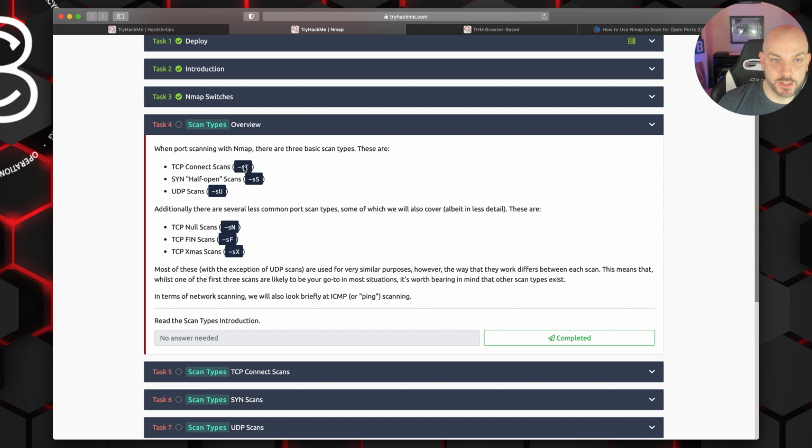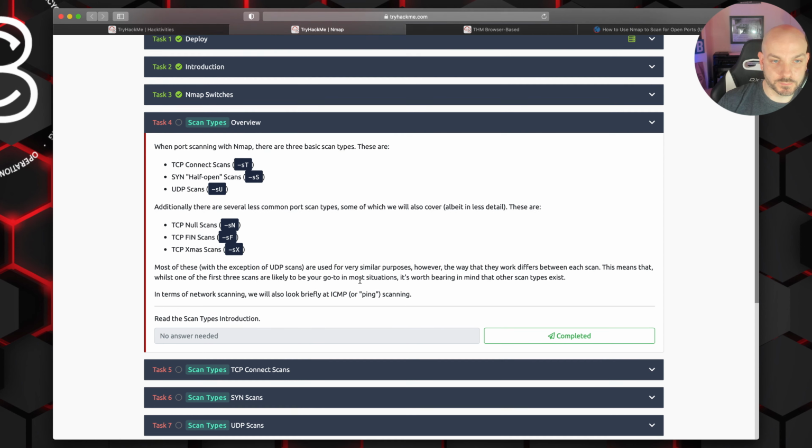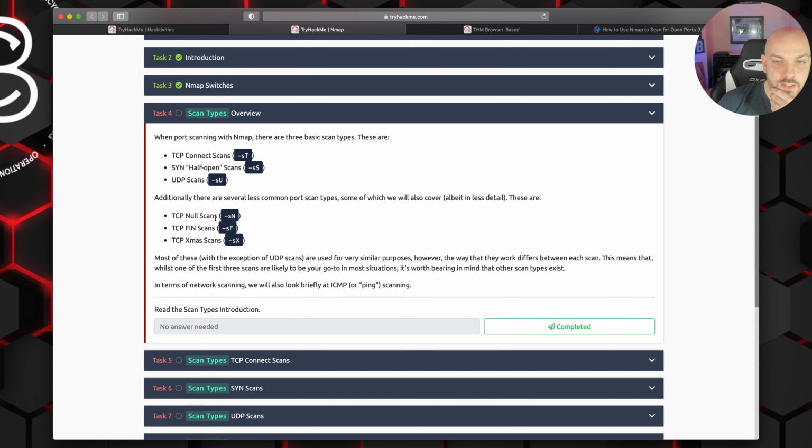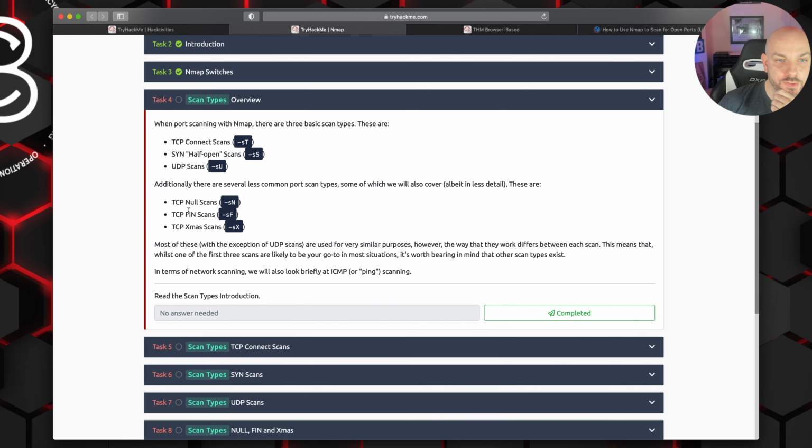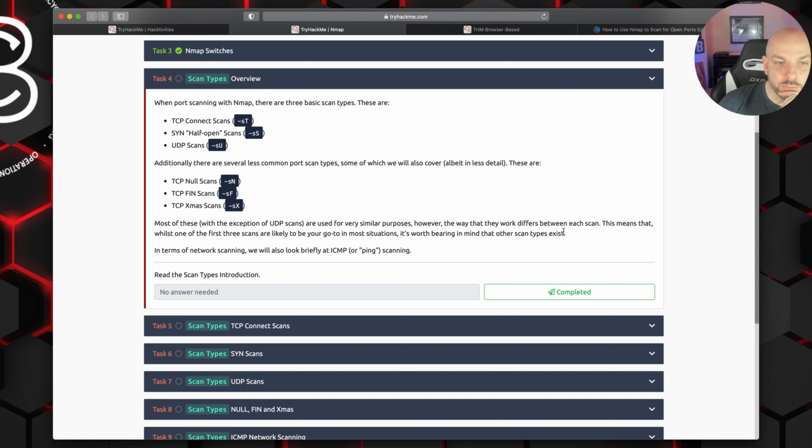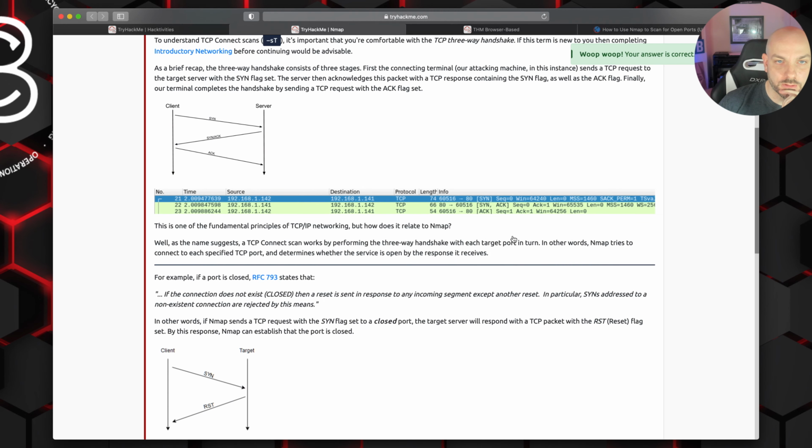The way that I would try to remember that is capital T for TCP, knowing that this is a SYN half open scan, capital S, UDP, capital U. And then there are some less common ones: Null scans, FIN scans, XMAS, Christmas scans. And I'm sure that we're going to hit on those. So we'll go on to the next.